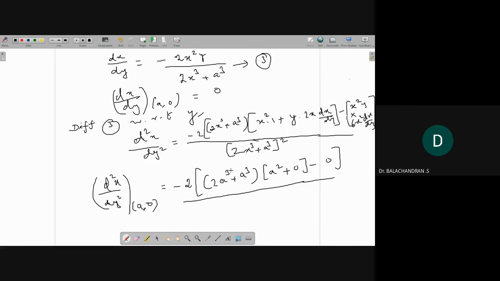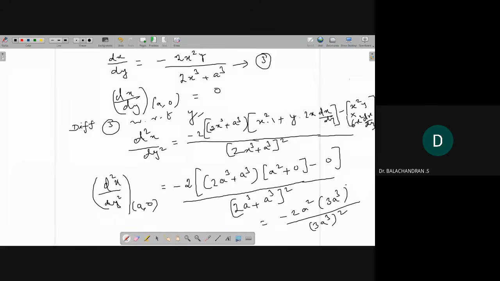Divided by, substitute x is equal to a. So 2a cube plus a cube whole square. Okay. So this is equal to, next step I want to write minus 2 into a square into 3a cube divided by 3a cube whole square minus 2 a square into 3a cube divided by 3a cube whole square.